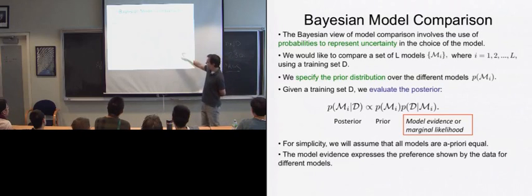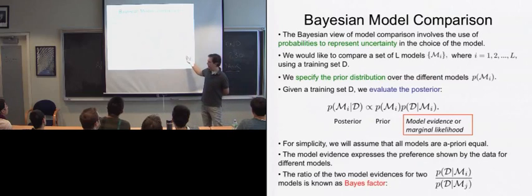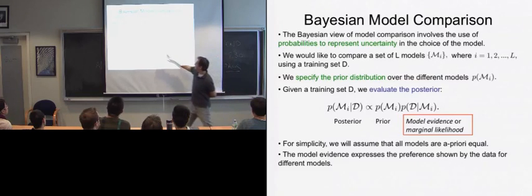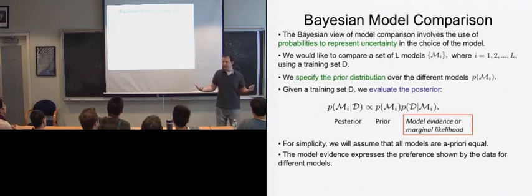Now, if we assume a priori that all models are equal, the model evidence essentially looks at the preferences shown by the data for different models. So here you're basically saying, what's the probability of the training data given model 1? And what's the probability of the training data given model 2? What's the likelihood of the data under this particular model?